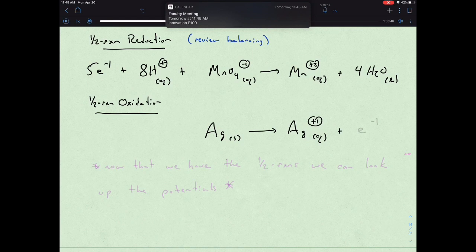So we just have to balance out our electrons by adding one of those electrons to the product side.